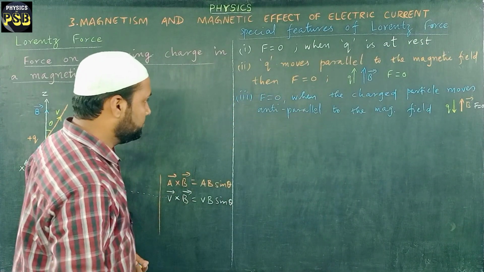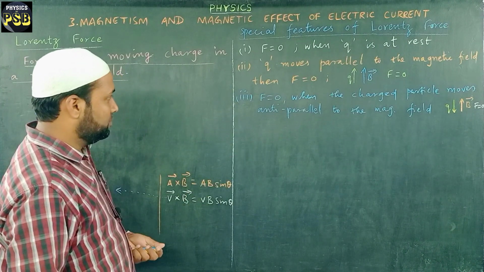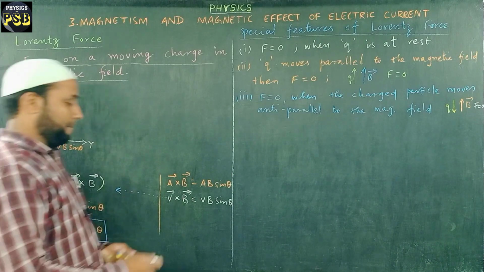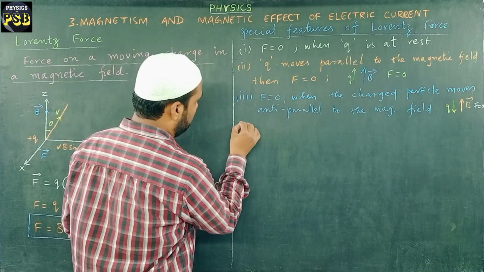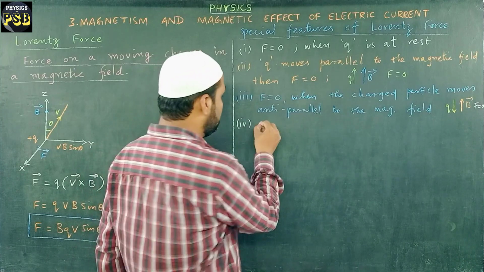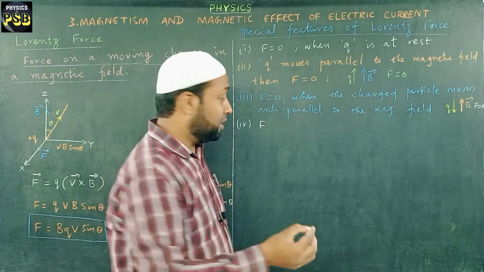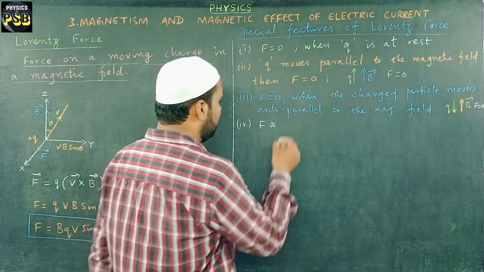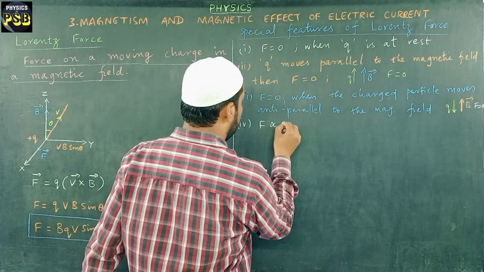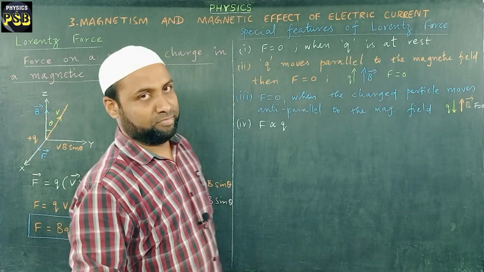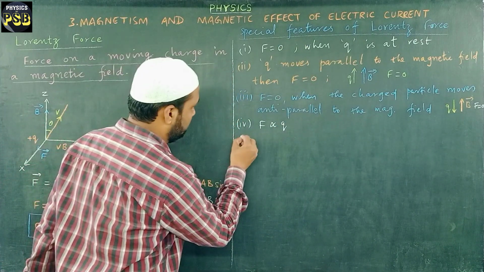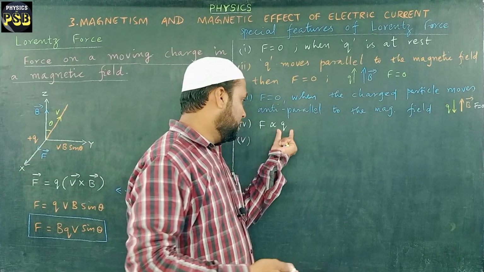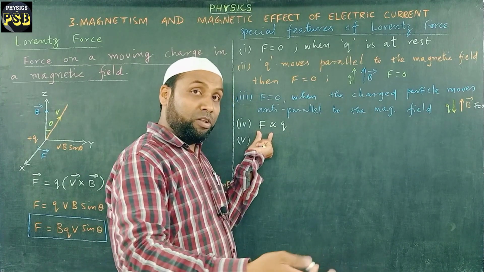Clear? Then the remaining features can be obtained very easily with the help of this expression. Okay, let's see. The Lorentz force acting on the charged particle will be directly proportional to the magnitude of charge. See, as the value of the charge increases, the force will also increase.